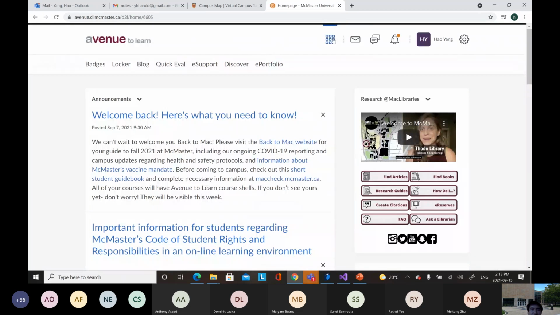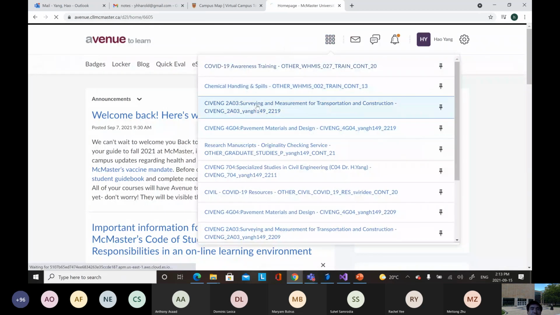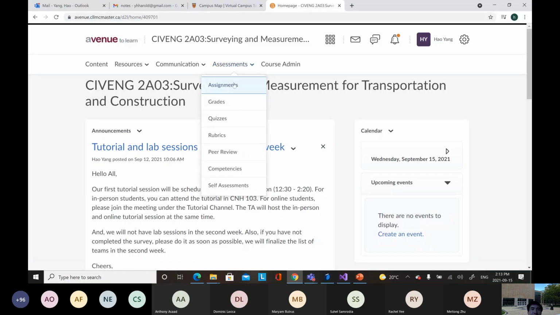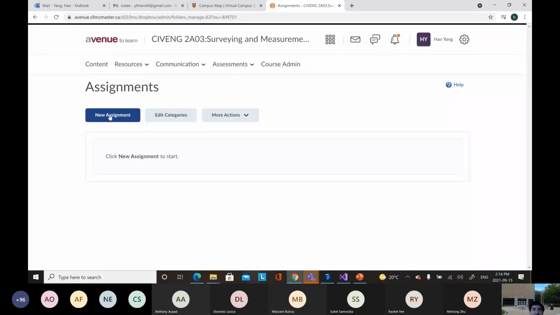If we go to the class, you will see the assessment, and there will be the homework assignment, and the assignment will be uploaded tomorrow. Once it's uploaded, you should receive a notification from Avenue to Learn, and you can download the homework sheet and work on that.